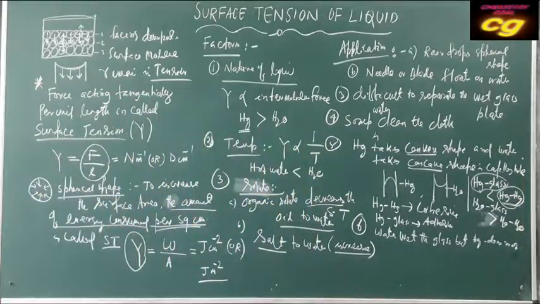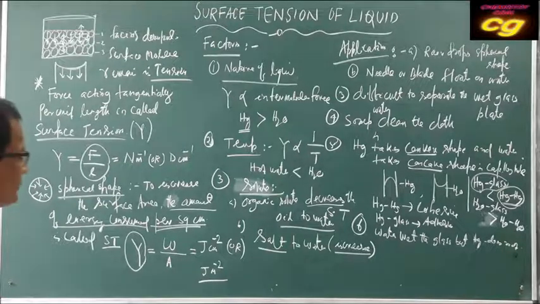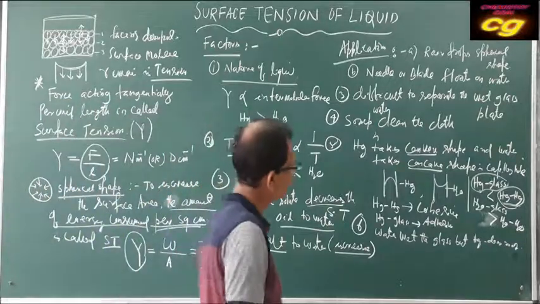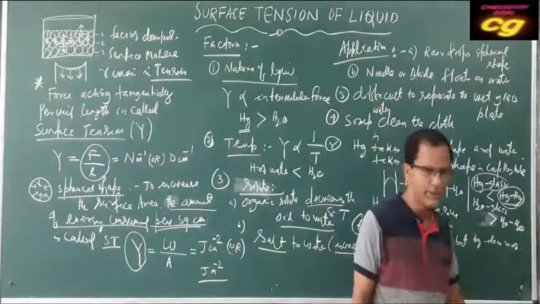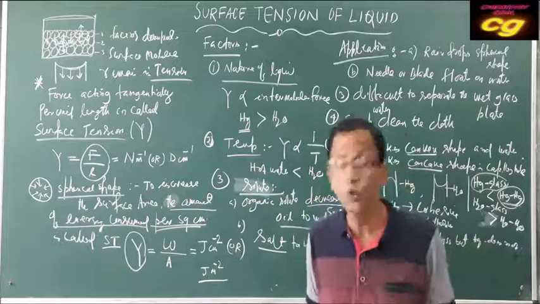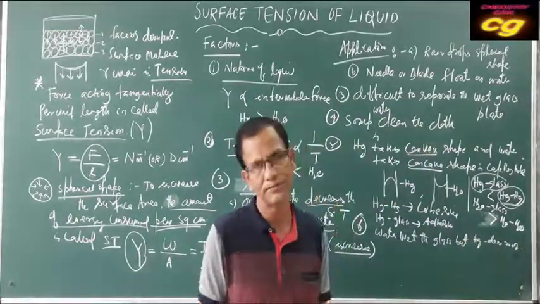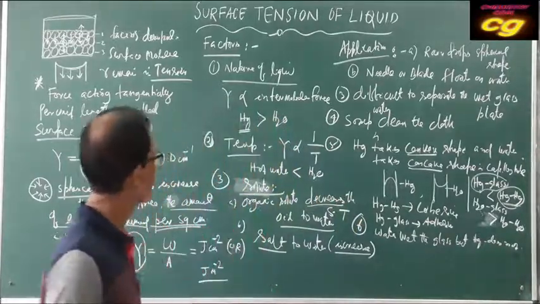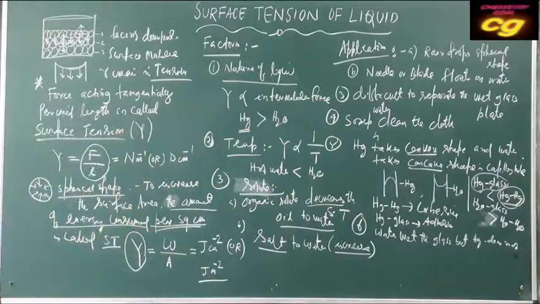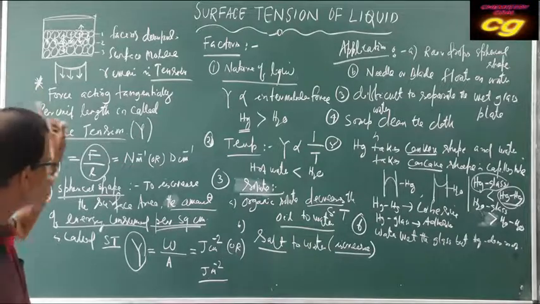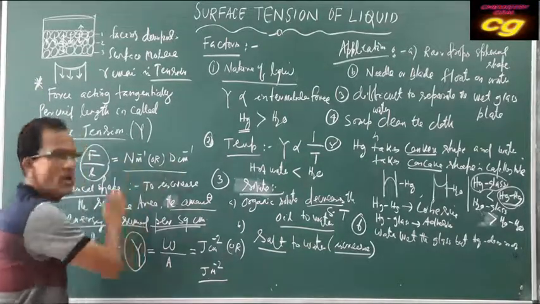So these are very important applications of surface tension. In our day-to-day life, we are doing so many activities, but we are unaware of the application of the science. So what is surface tension of a liquid? What are the units of surface tension?